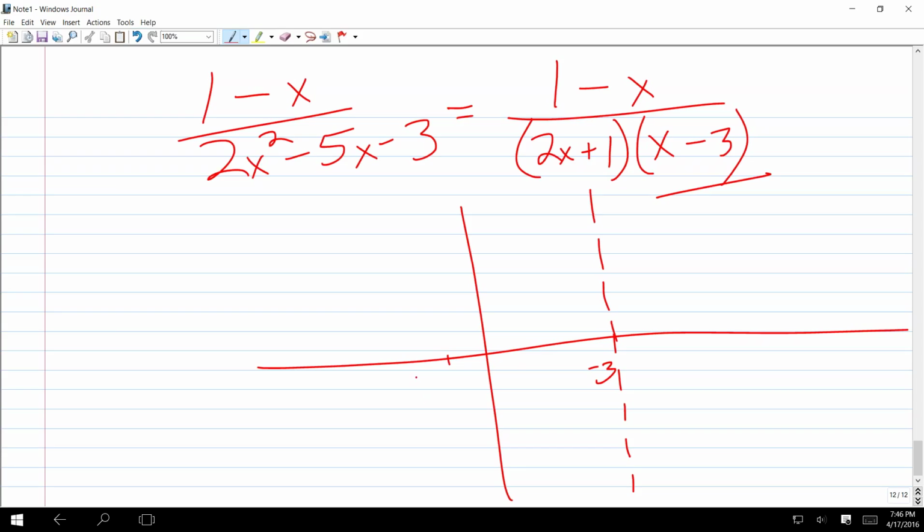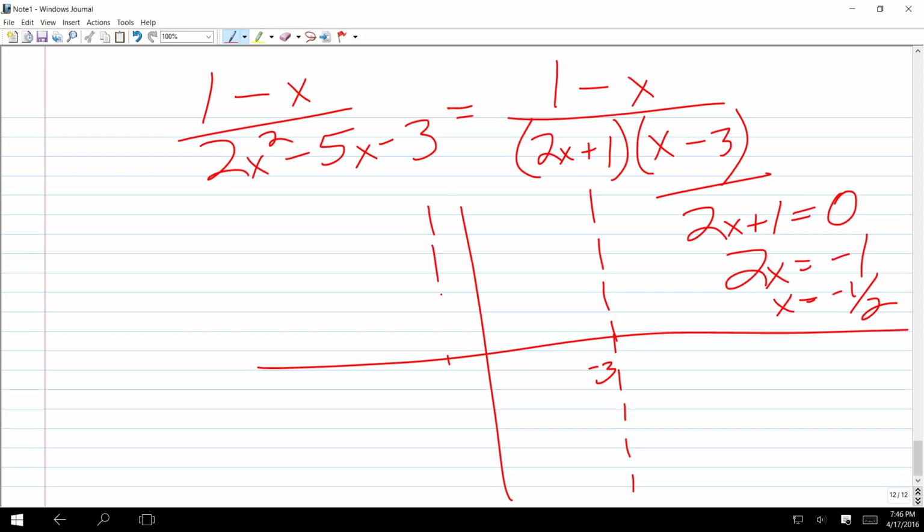Let's see. The easy way to solve these is to set it up as an equation. Now solve it. Oh, okay. x equals minus 1/2. So I have 2 vertical asymptotes.